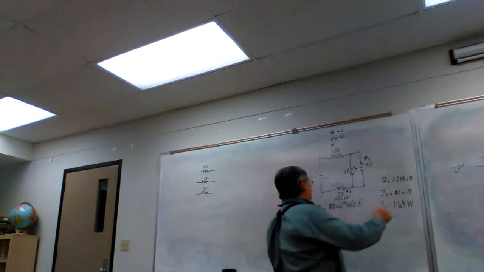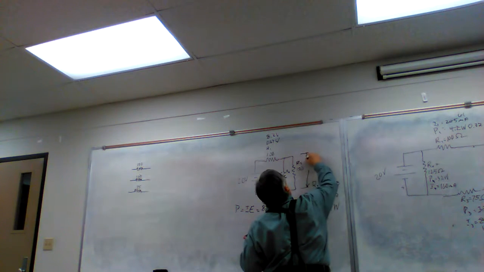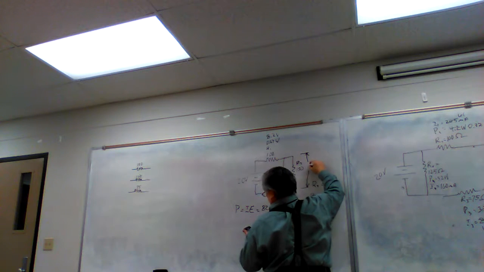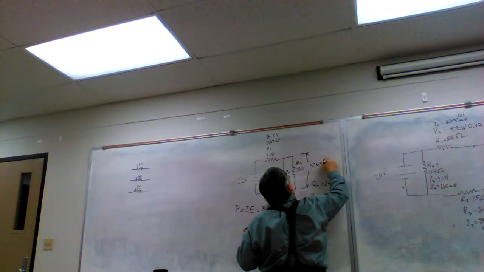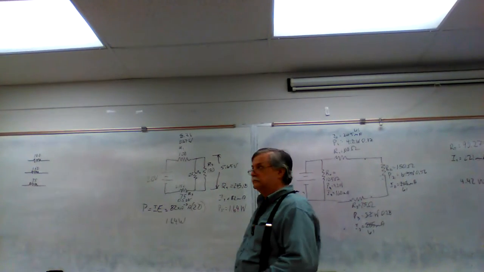That means we're dropping 5.65 volts across R's 2 and 4.